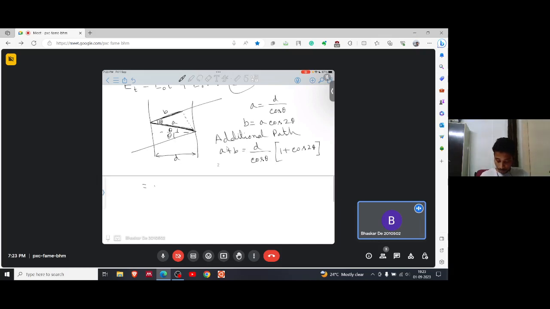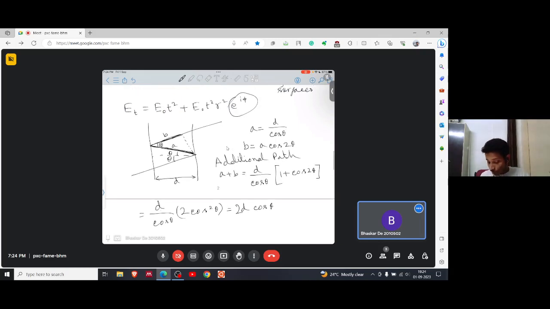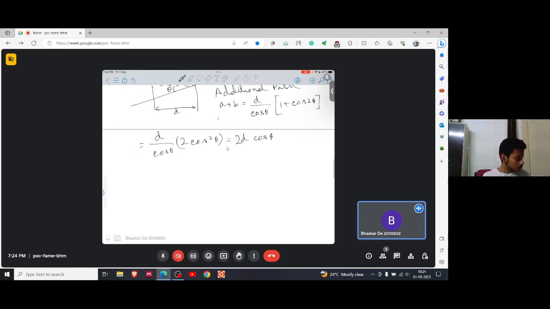So it will become D by cos theta times 2 cos square theta. So it will become 2D cos theta. Okay, so 2D cos theta.